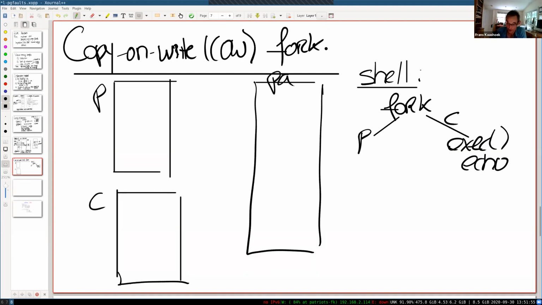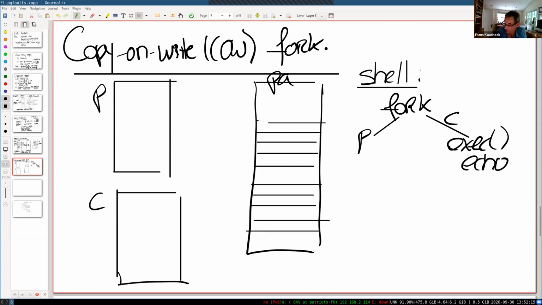In unmodified XV6, the shell has 4 pages, 1, 2, 3, 4. When a fork runs, it creates a duplicate of those 4 pages and copies all the content from the parent's pages into the child. And then as soon as the exec happens, we free these pages and allocate new pages that have the content of echo in it.